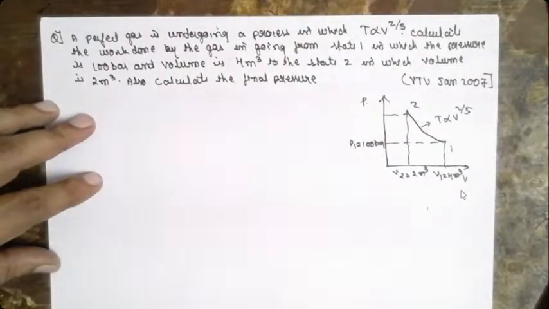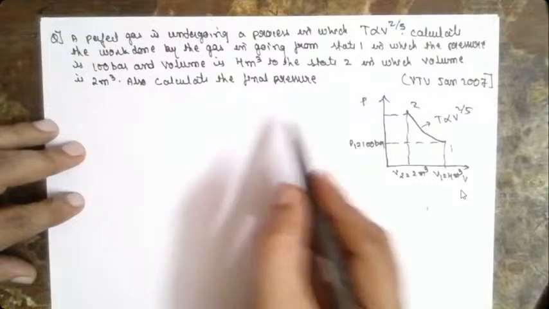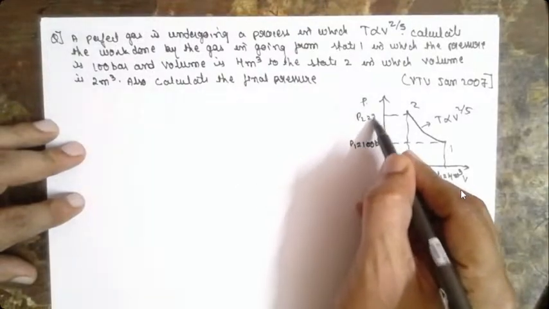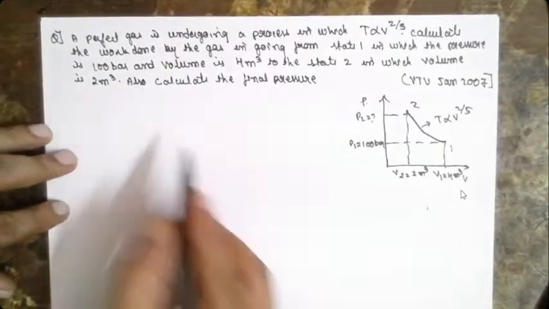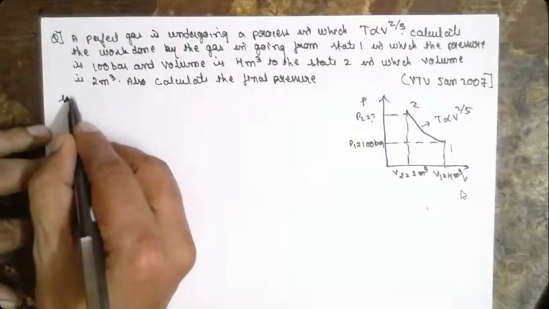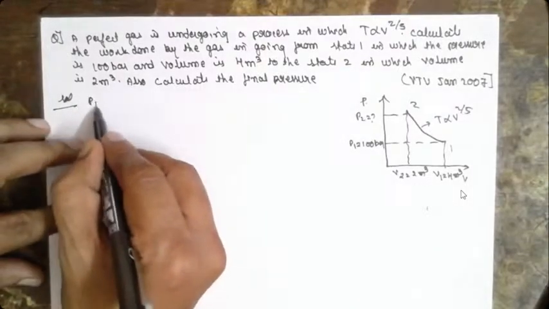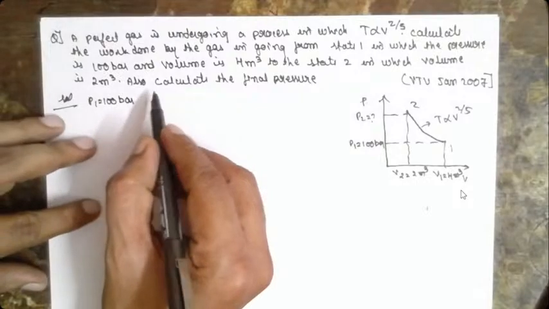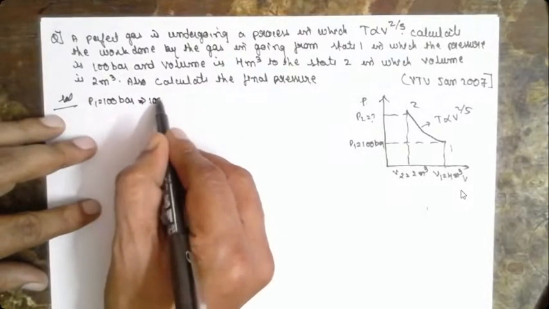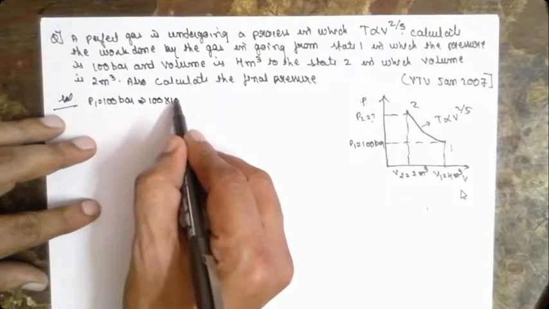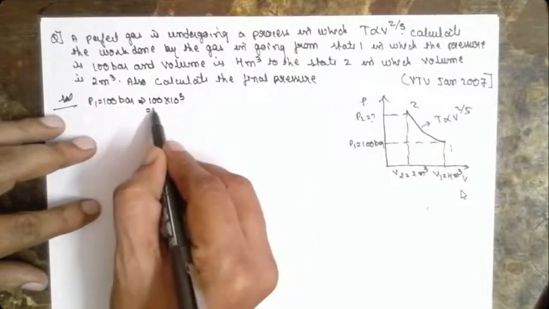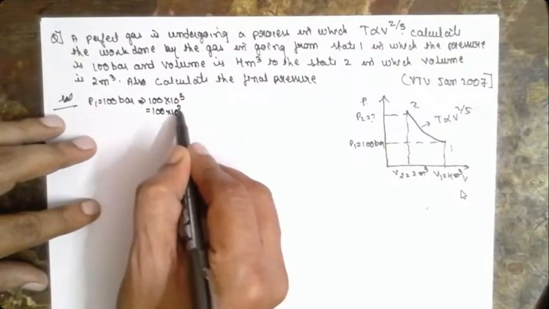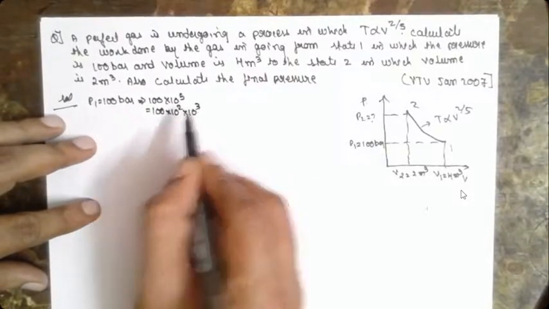Also calculate the final pressure here. Now see here, P2 is unknown for us. We need to find out. Solution: P1 is 100 bar. We need to convert in terms of Pascal, which is nothing but 100 into 10 raised to 5, that is 100 into 10 raised to 2 into 10 raised to 3.